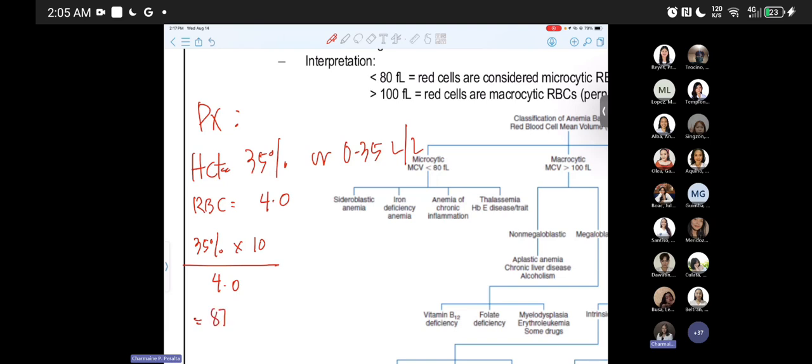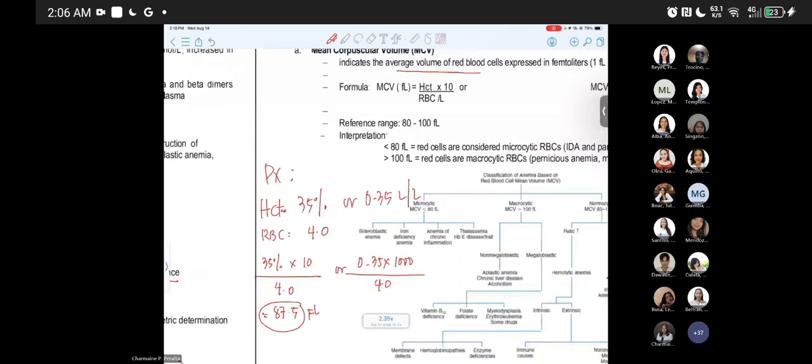So, 87.5. Or, using the other formula, 0.35 times 1,000 divided by 4.0. So 87.5. This is the MCV, in femtoliters.